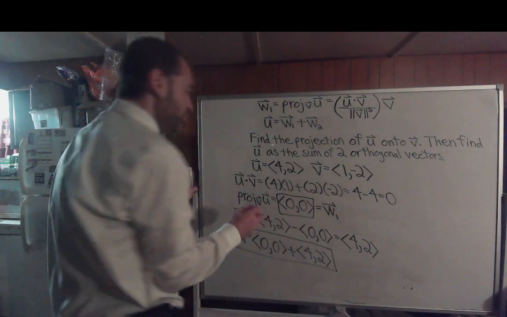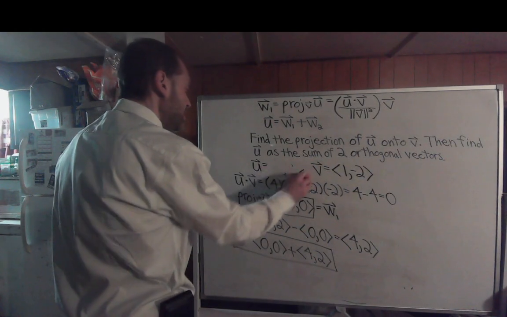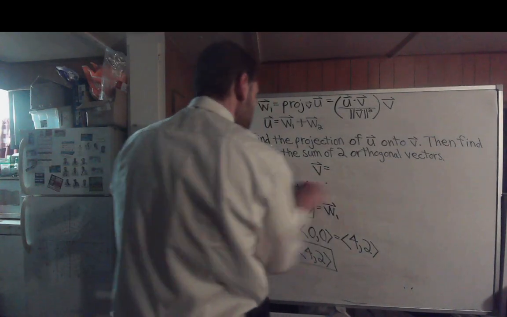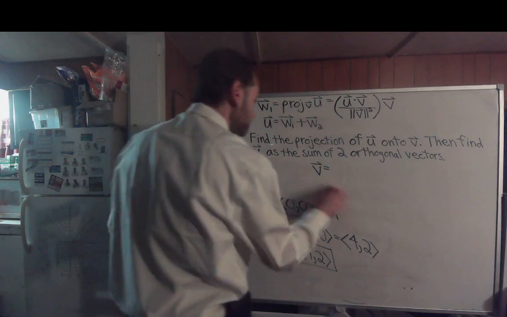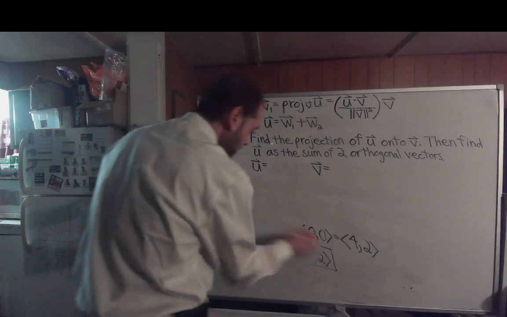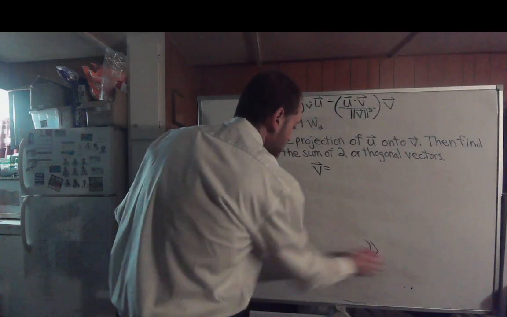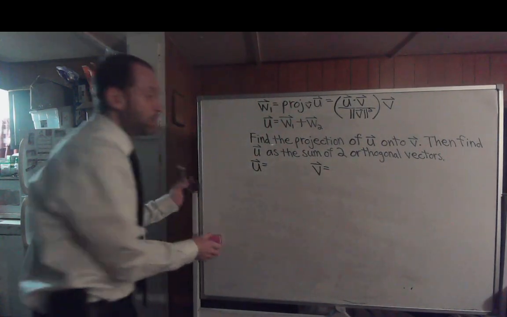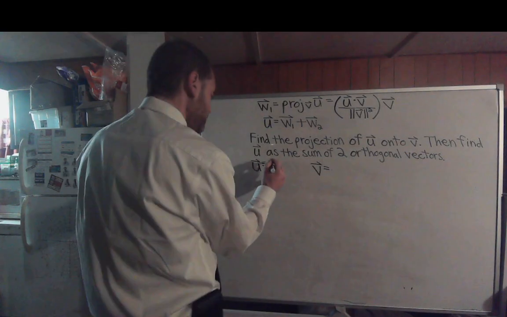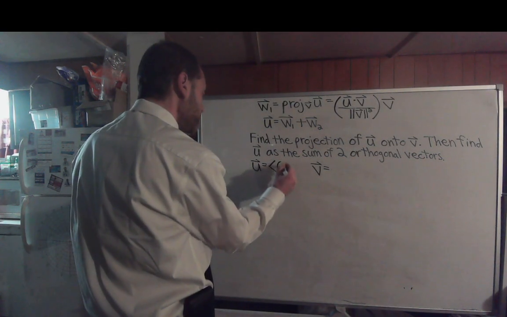Alright, I got two more of these. And these last two probably aren't going to be as nice. Alright, so vector u is 0, 3.